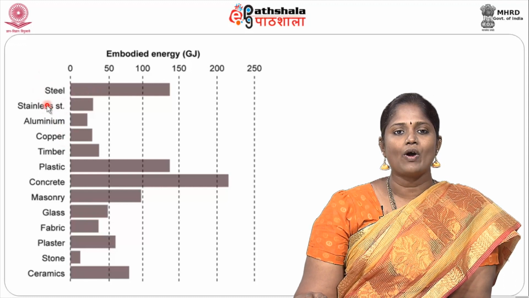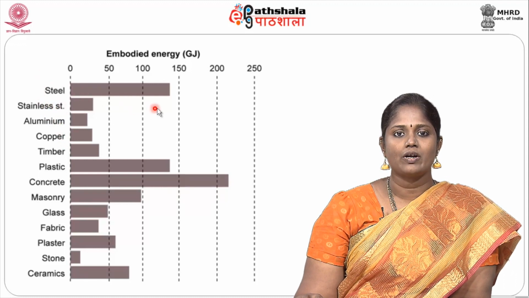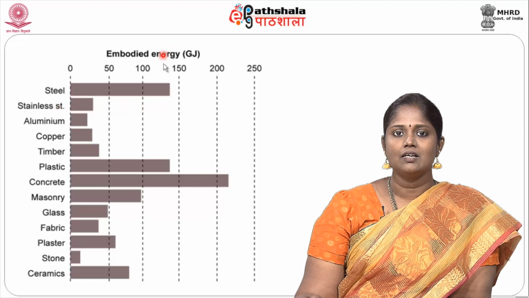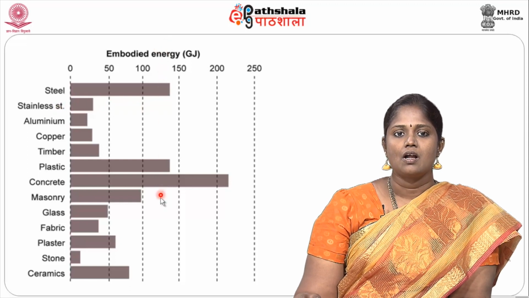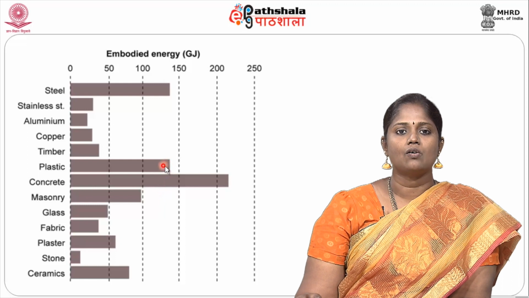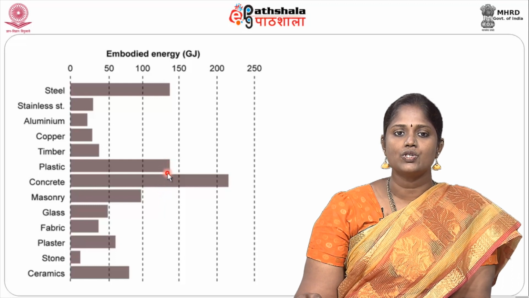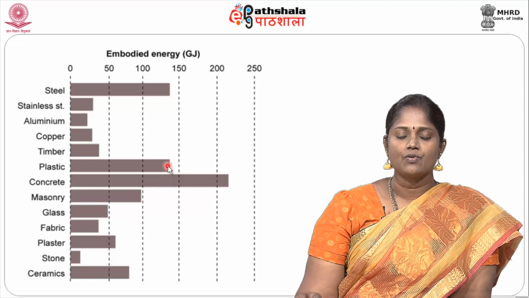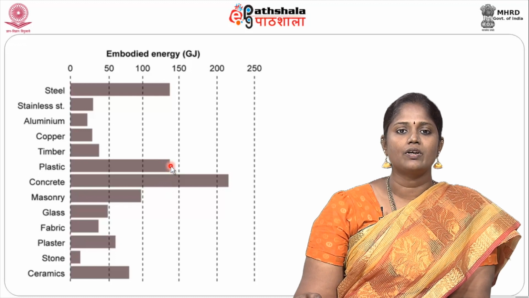In this, a widely used material is steel, which is higher in terms of embodied energy, and plastic is used in all consumer products and also in the building industries in terms of furnitures and other interior furnishing materials.